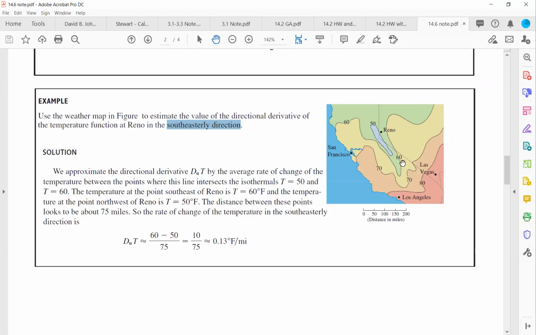We want to know the rate of change of the temperature in the direction of southeast. Well, on the numerator, you have to find the difference between these two temperatures, 60 minus 50, divided by 75 miles.